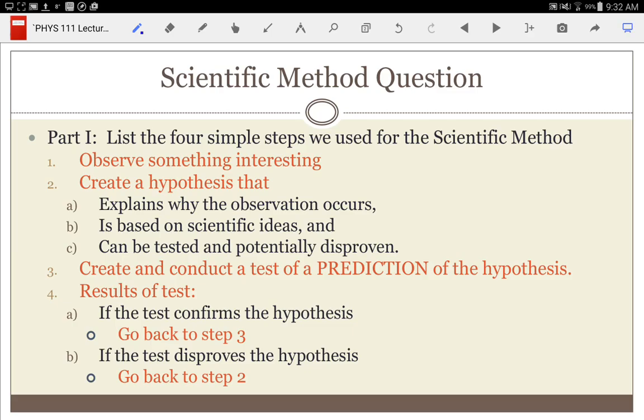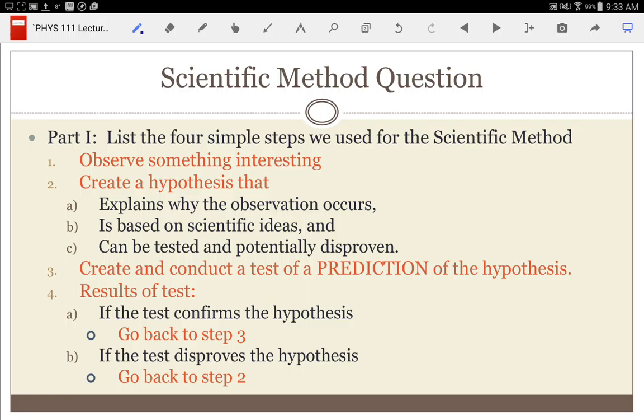Step 3, create a test and do that test that tests a prediction of the hypothesis. Very important to remember, you're not creating a test to recreate the original observation or see if the original observation was correct. You're creating a test that will test a prediction of the hypothesis.